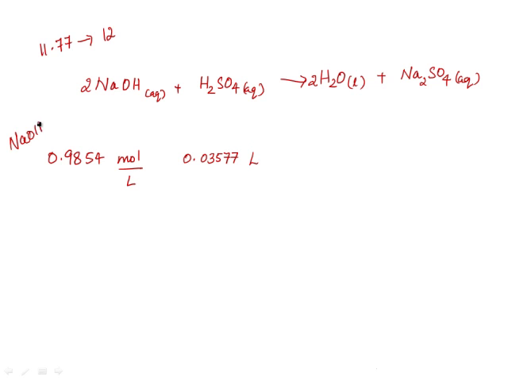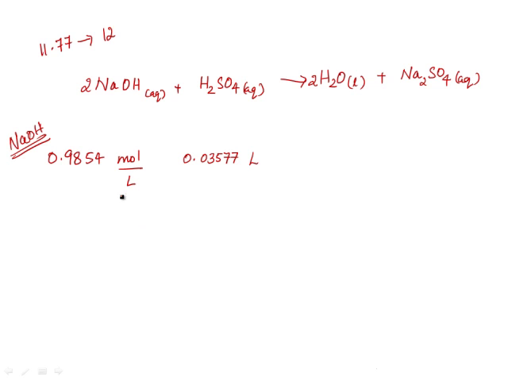Look at these two quantities. We need the number of moles of NaOH. What do you need to do to get the number of moles using these two quantities? Multiply these two quantities, molarity and volume, and you get the number of moles.